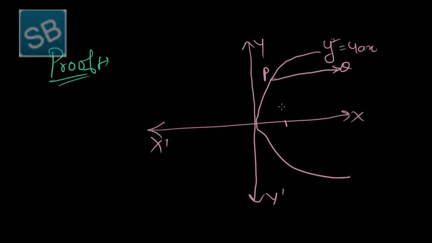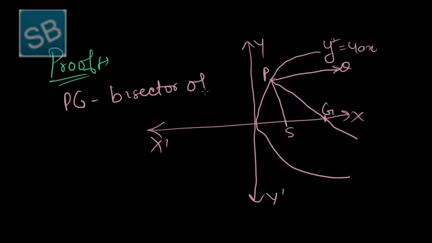We have to bisect SPQ. So the bisector of SPQ meets the axis at the point G. So G cuts the axis at this point. This is the bisector. PG is the bisector. So in this figure, PG is the bisector of the measure of angle SPQ. As it is a bisector, therefore angle 1 is equal to angle 2.